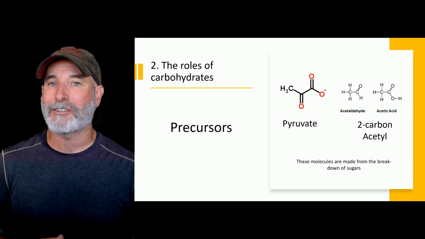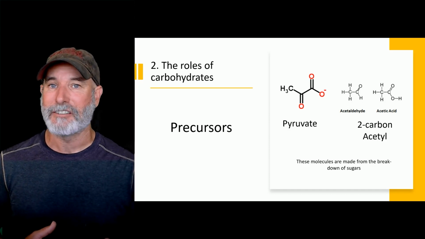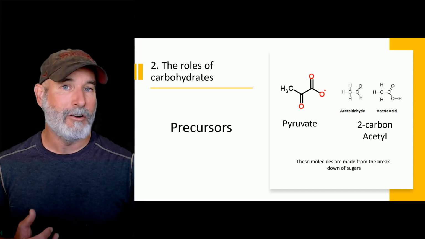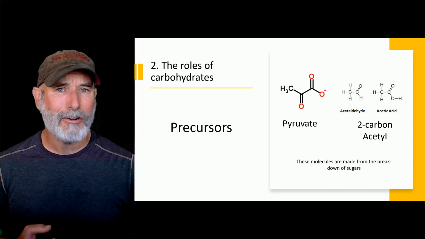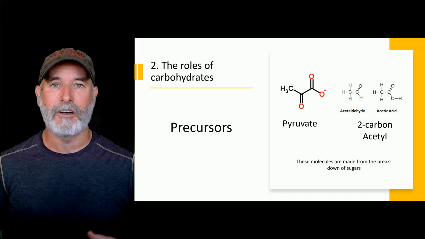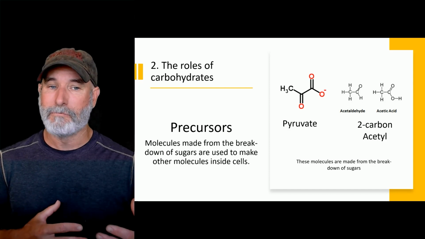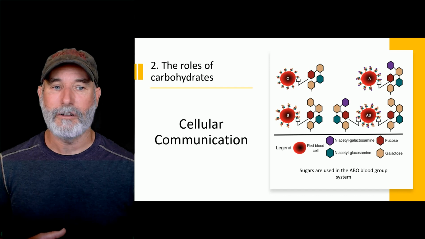Those are precursors for many anabolic reactions. So we can use those precursor molecules to make amino acids, to make other carbohydrates, and to make lipids along with other molecules that our body needs. So those precursors are very important for us.